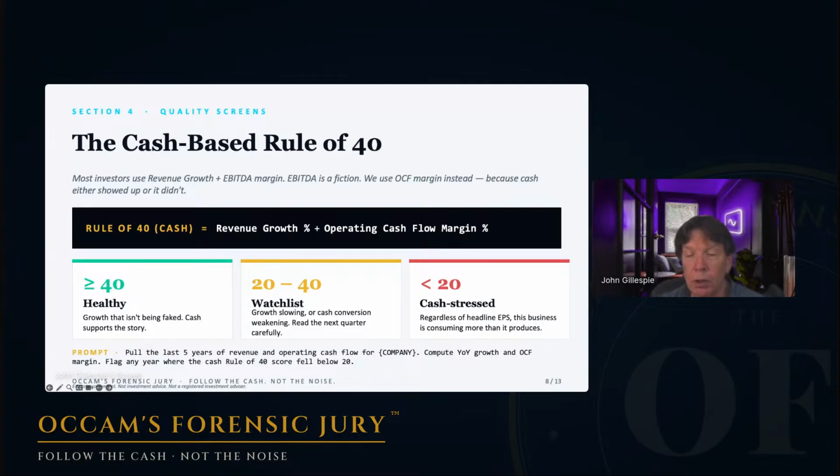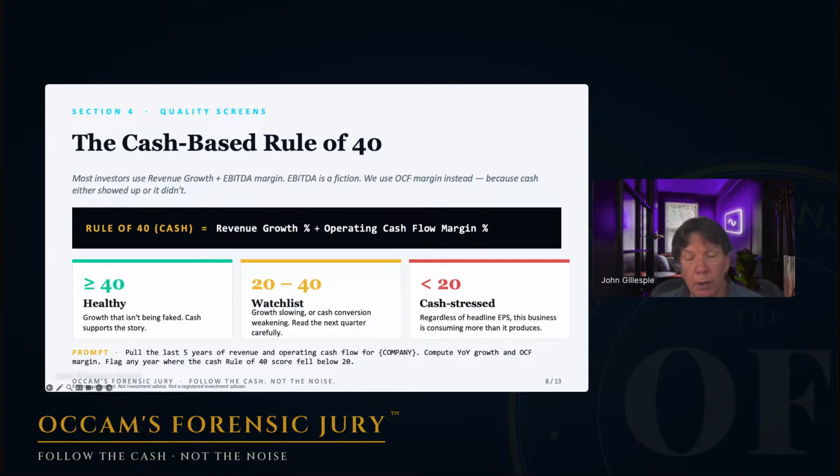So at OCCAM'S, we use the cash version. Revenue growth percent plus operating cash flow margin percent. Above 40, the business is healthy. Growth isn't being faked and cash is supporting the story. 20 to 40, you're on the watch list. Growth is slowing or cash conversion is weakening, and you need to read the next quarter's statements very carefully.